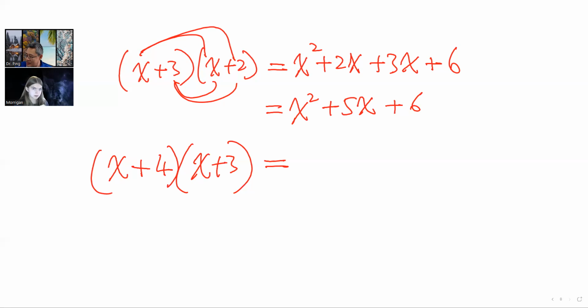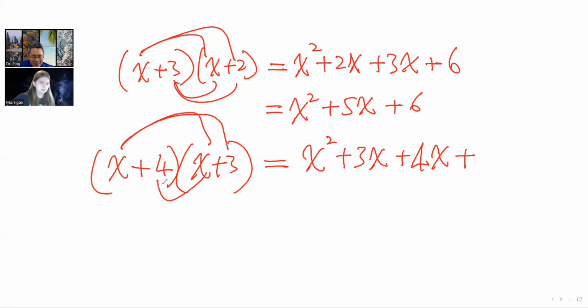We have x squared plus 3x. So x times x is x squared, and x times 3 gives us 3x. And then 4x. Yep, very good.